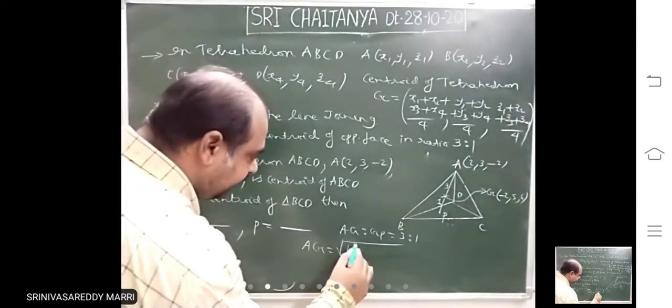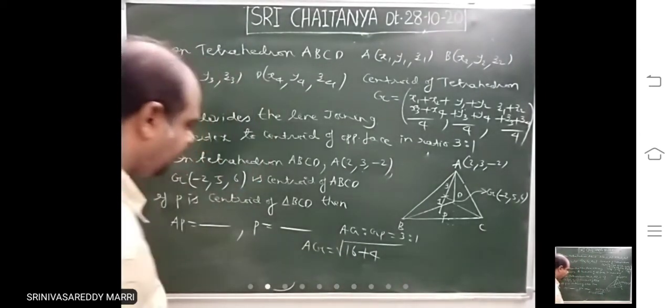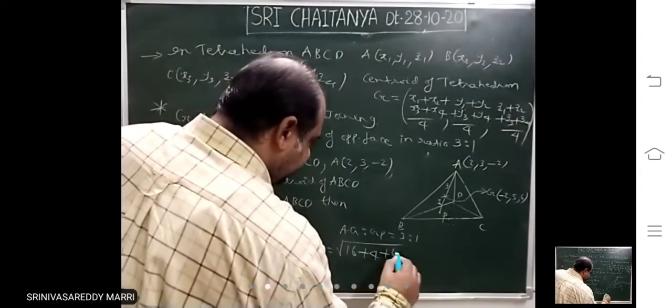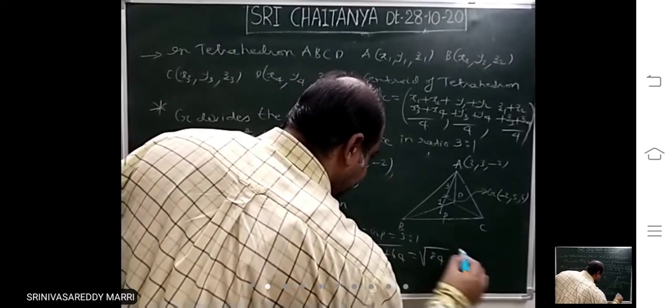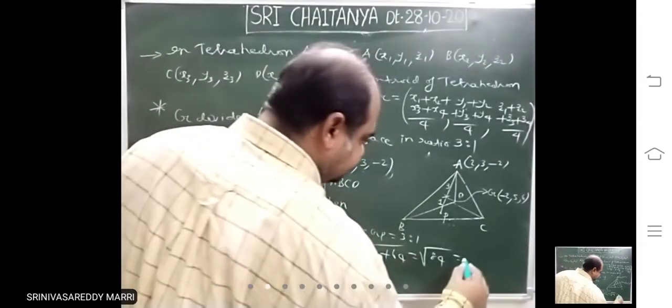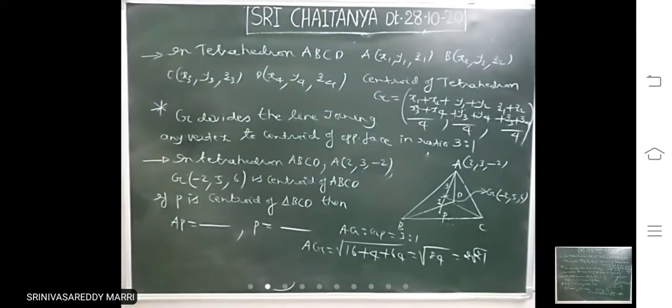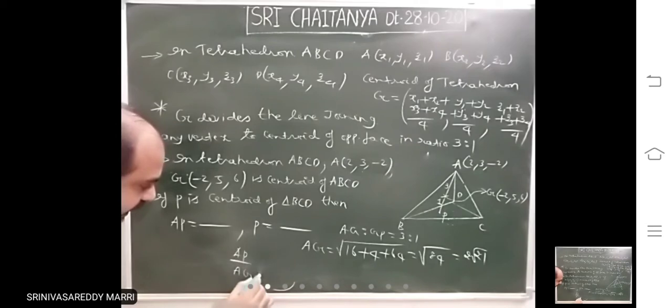Root of (-2) whole square 16 plus 4 plus 8 whole square 64. This is nothing but root of 84. Root of 84 means 4 into 21. This comes out to be 2√21.